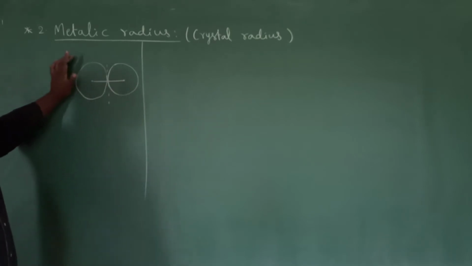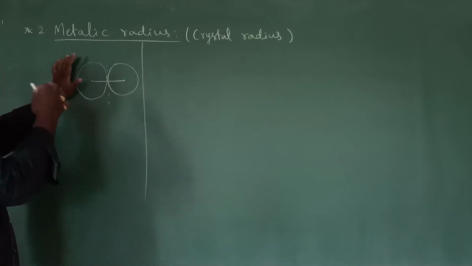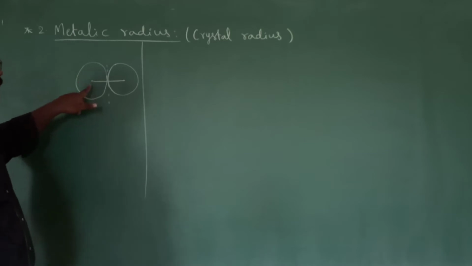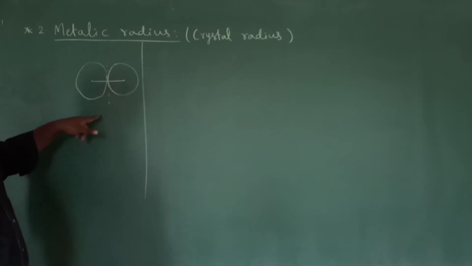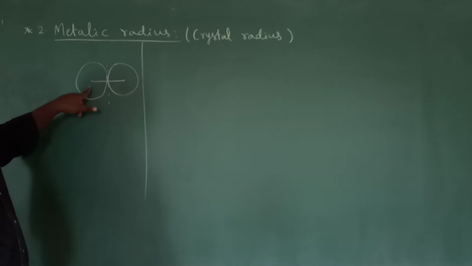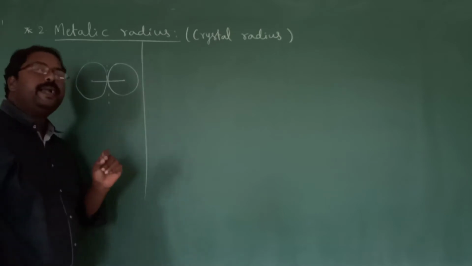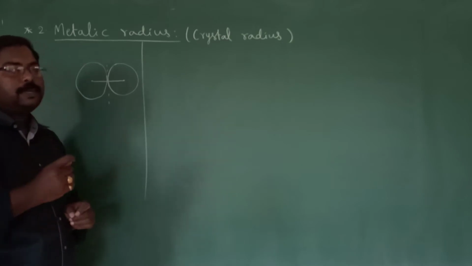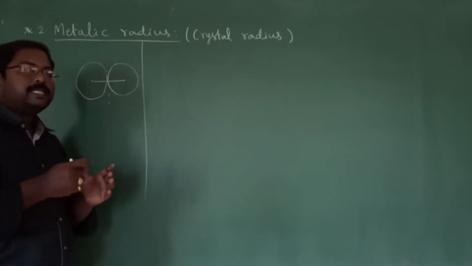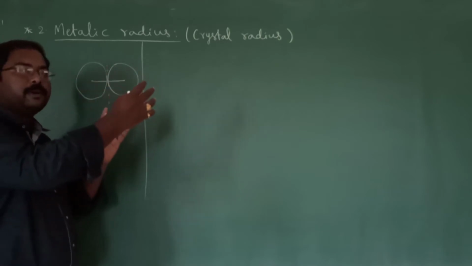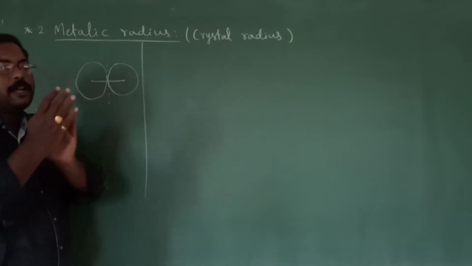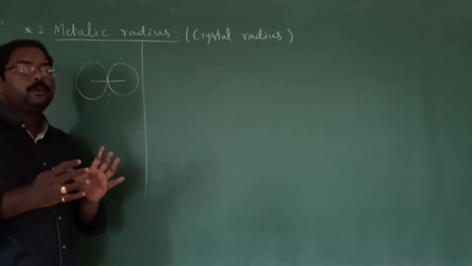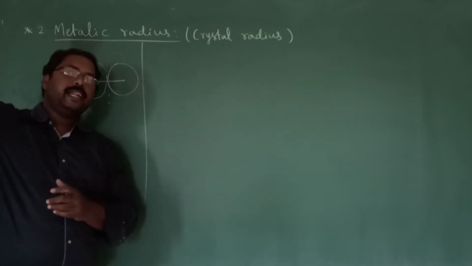Now coming to the definition, how can we define this metallic radius? Metallic radius is one half of the internuclear distance between the two metals in a metal crystal. Two metals means somebody may get a doubt. For example, some metals may be in the cube shape. The types of metal crystals, everything in the solid state lesson we will discuss. Generally, we know about the cube. Cube means there will be 8 corners.